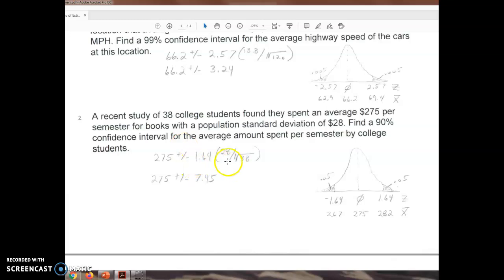Okay? These two combined create our margin of error of 7.45. So we are 90% confident that the true population mean is 275 plus or minus 7.45. That's the way we would interpret it.